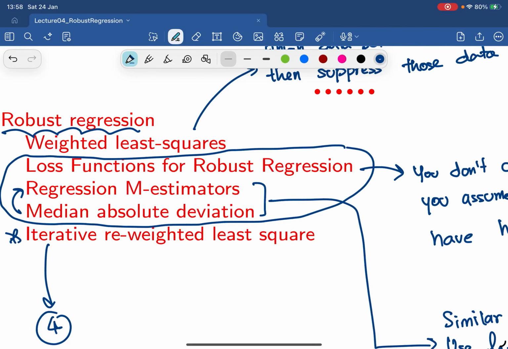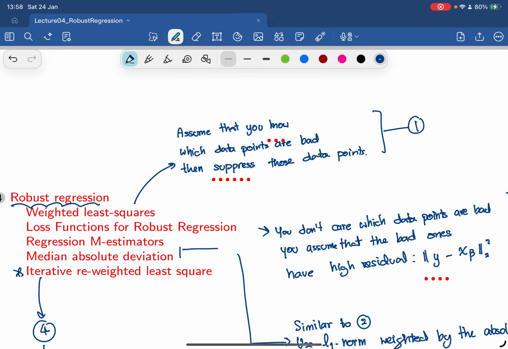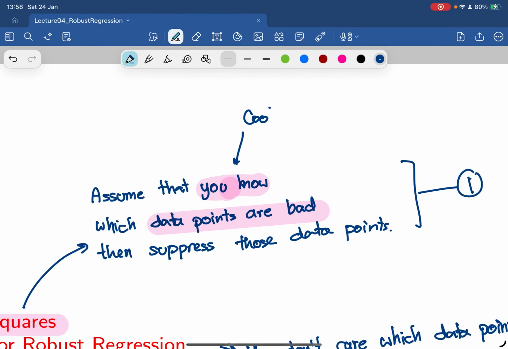Okay, so let's go over each of them, and in fact, here I provide some notes for each method. For the first method, that is the weighted least square, you first assume you know where the data points are bad, or in other words, maybe you've run the Cook distance or the hat matrix before.